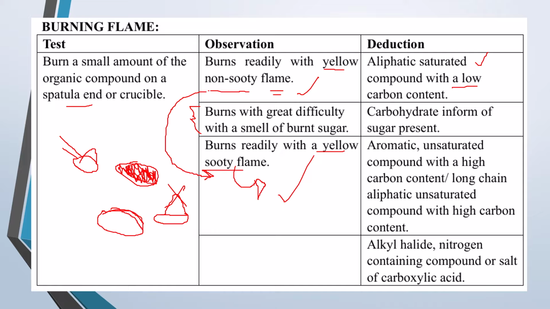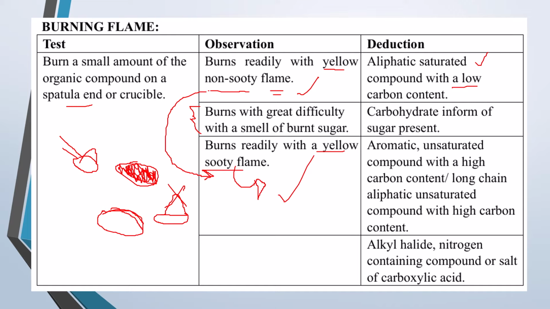Aromatic compounds or unsaturated compounds are going to give a sooty flame, or compounds that have a high carbon to hydrogen ratio or a high carbon content. But for compounds with a low carbon content that burn with a non-sooty flame, we expect them to be aliphatic and saturated.